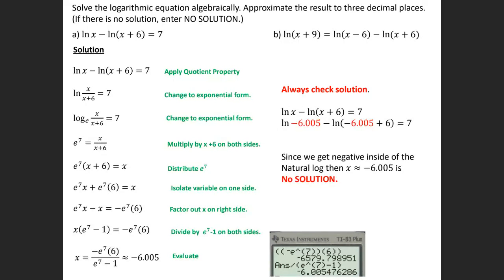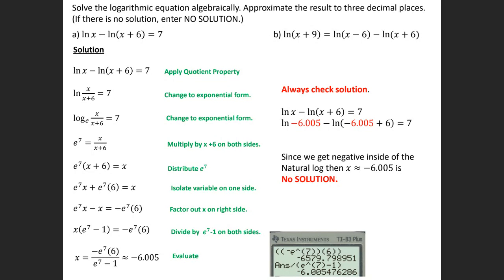All right. So we always want to check our solution. On this particular one, we did have a problem that has no solution, right? So we got this answer, negative 6.005, but we want to check. When we plug this in, you'll notice that one of the x values, or actually both of them, are going to give us a negative value, okay?